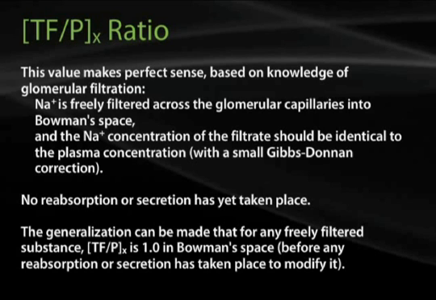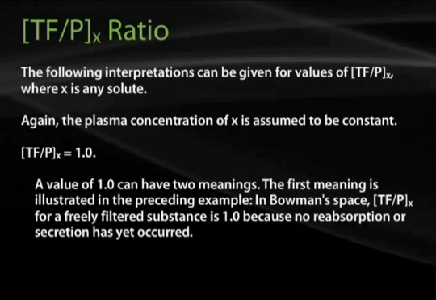The generalization can be made that for any freely filtered substance, the tubular fluid to plasma concentration ratio is 1.0 in Bowman space. This is before any reabsorption or secretion has taken place to modify it. The following interpretations can be given for values of the tubular fluid to plasma concentration ratio, where X is any solute.